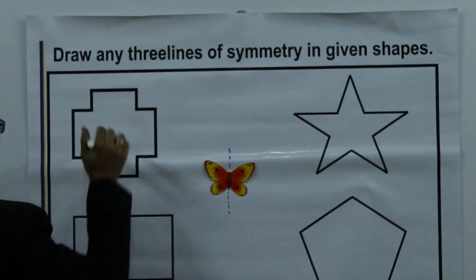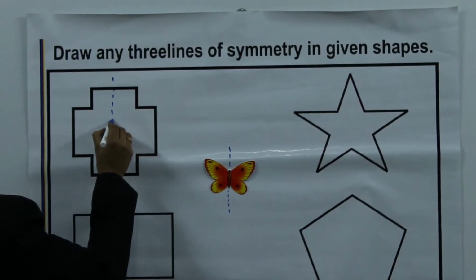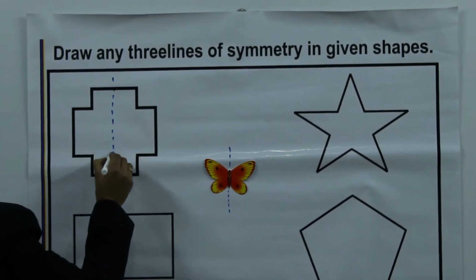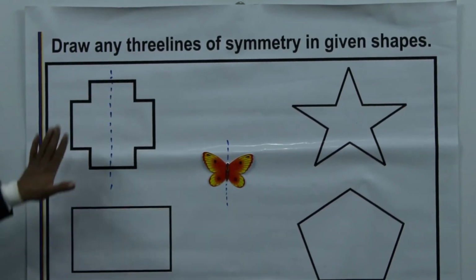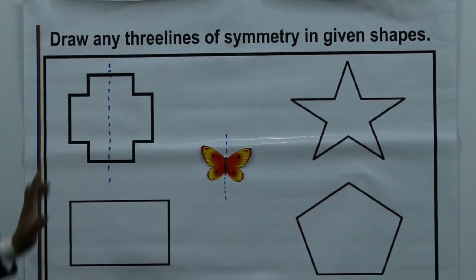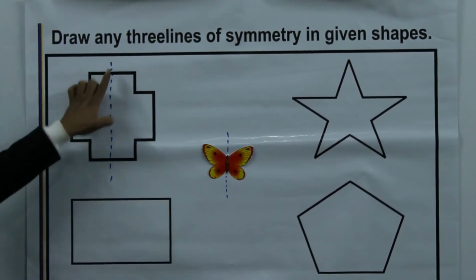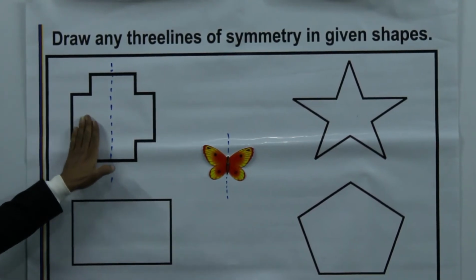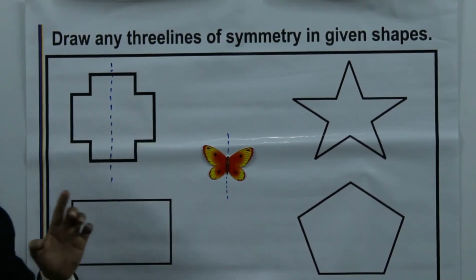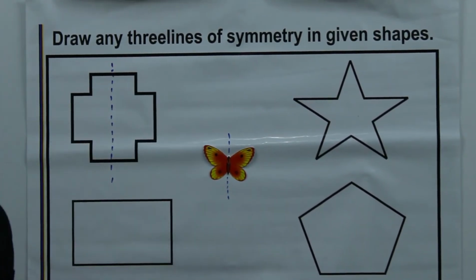So here we can draw a line, this line divides this figure into two parts. So this line is called the line of symmetry because this line divides it into two equal parts.